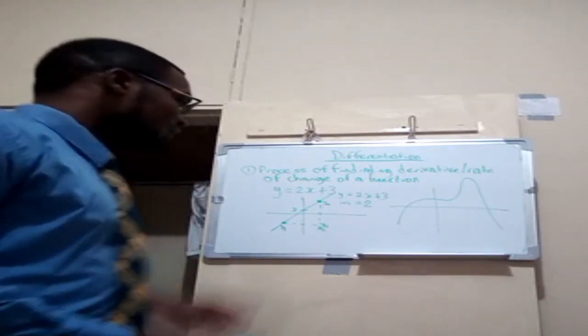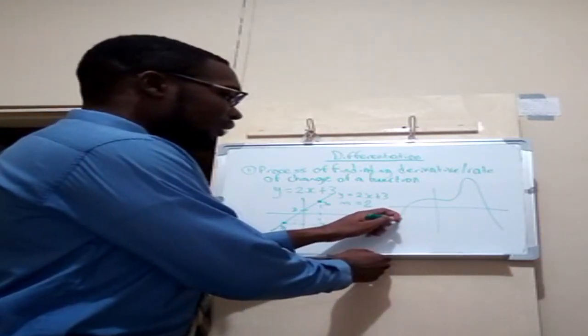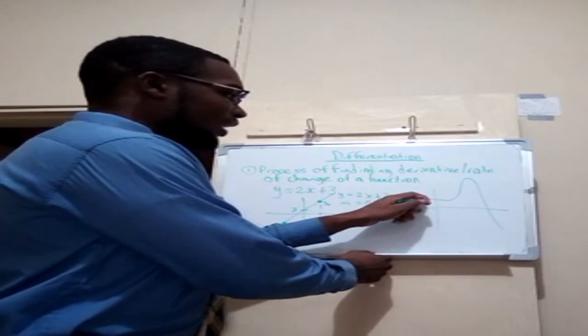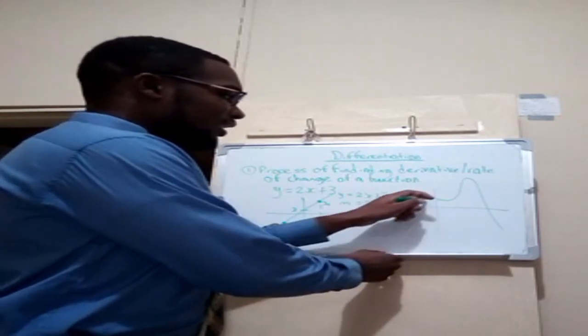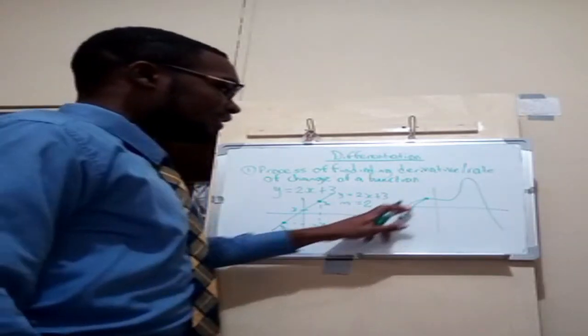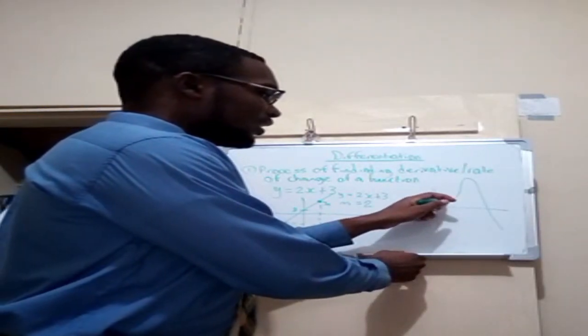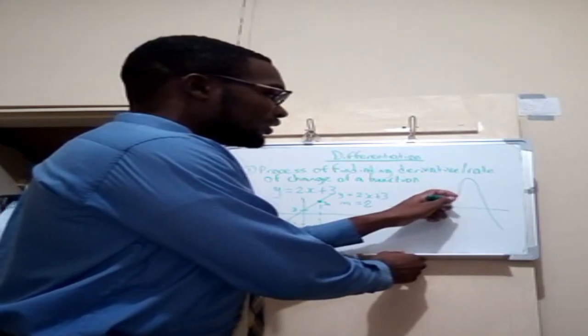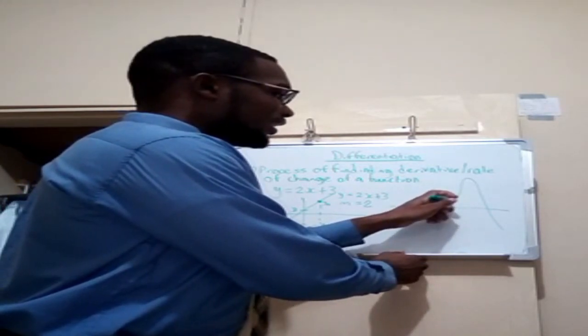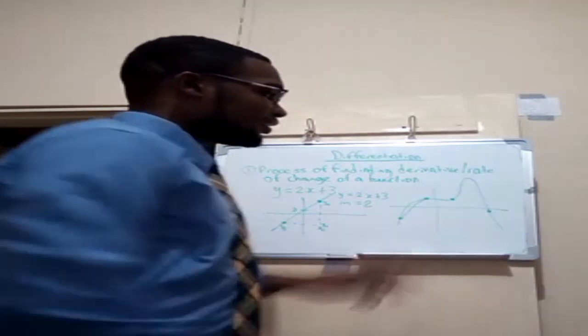Think about it. If we take a point right here and a point right here, then look at this, that's a line right there. Then this will give a different gradient from if we were to take the points right here and right here.